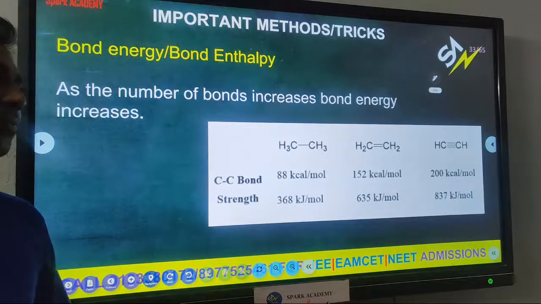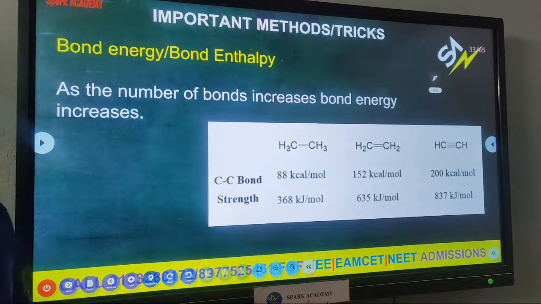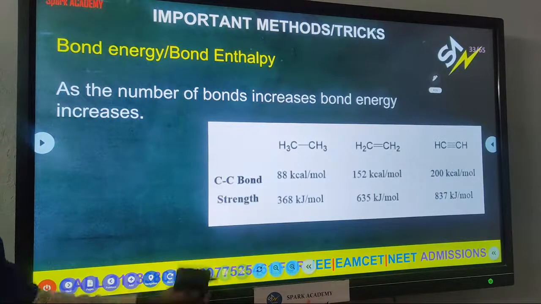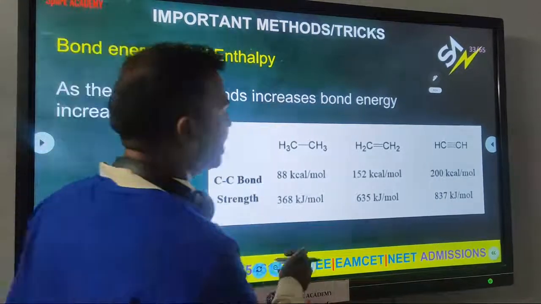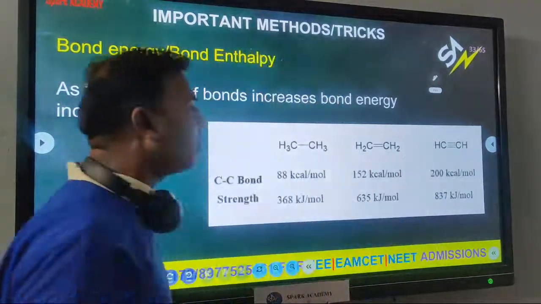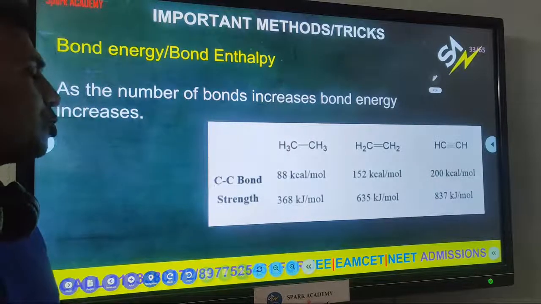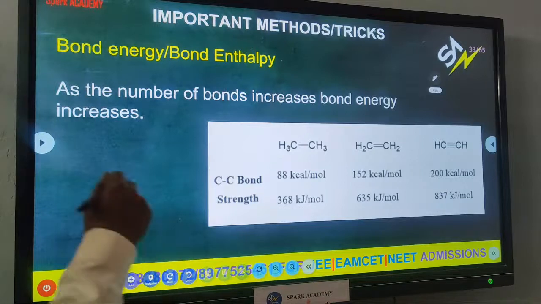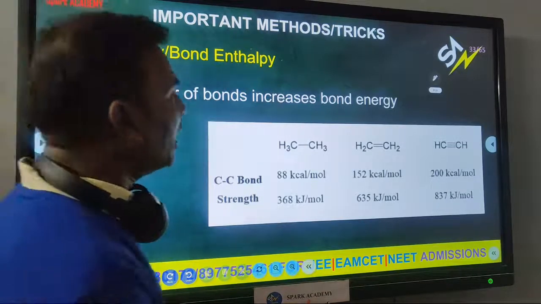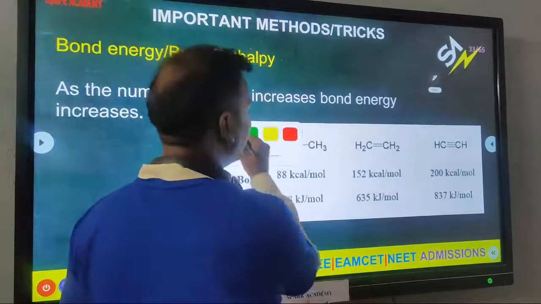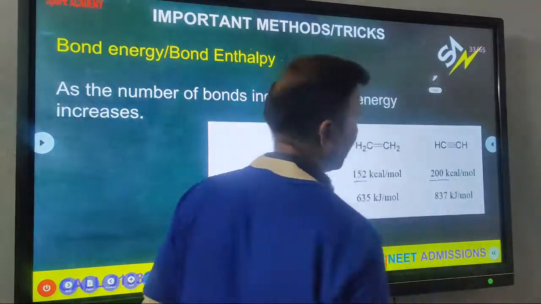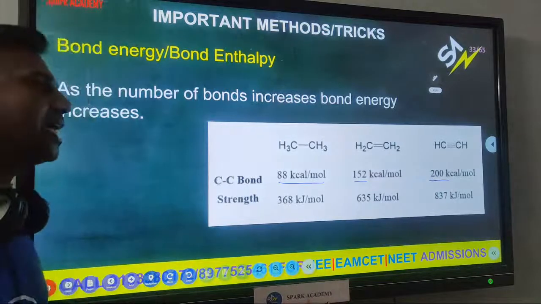In the case of alkynes, a triple bond. Now we are looking not at the carbon-hydrogen bond but only at the carbon-carbon bond. As the number of bonds increases, the bond energy increases. How much here? 88, here 152, here 200. So bond energy is increasing.